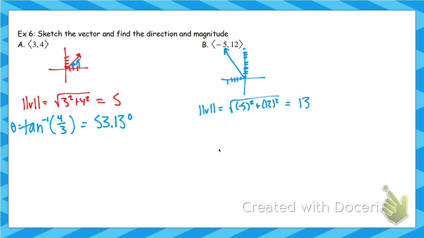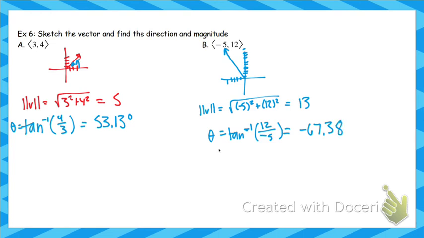That's 13. Then we'll do our angle. So tan inverse of y divided by x. So 12 over negative 5. If I plug that into a calculator, I'm going to get negative 67.38 degrees.